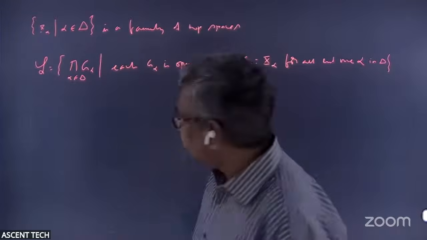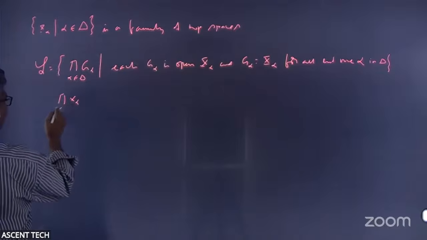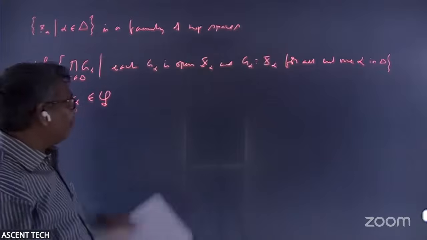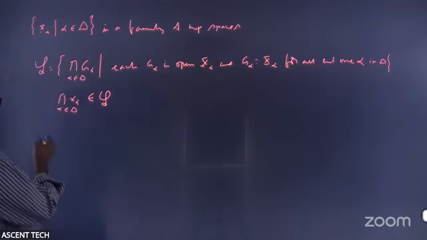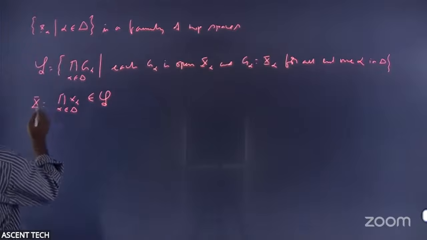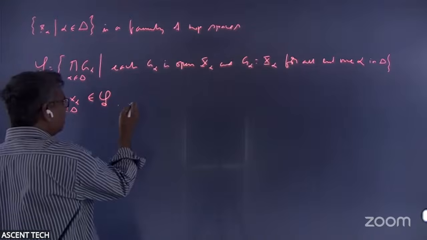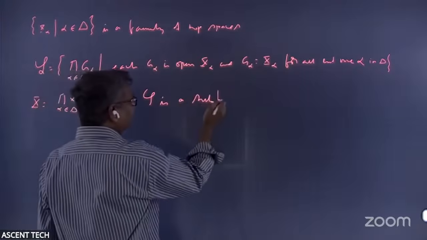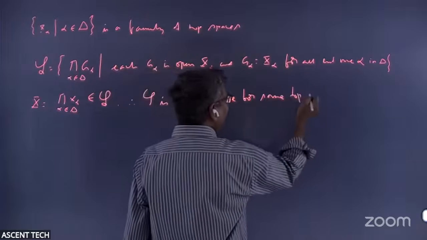Of course, it is the case here: the product of X alpha itself belongs to S, and therefore the union of all the members of S is X. So S is a subbase for some topology on X.